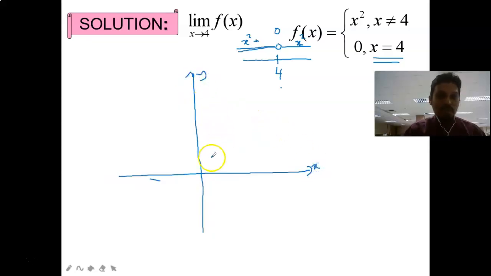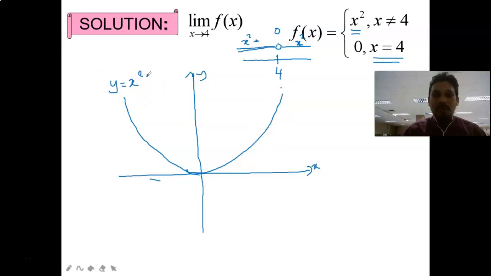The graph will be something like this, because the function x squared has its graph at the origin point here and moving up. So y equals x squared. And when x equals 4, let's say 4 here.